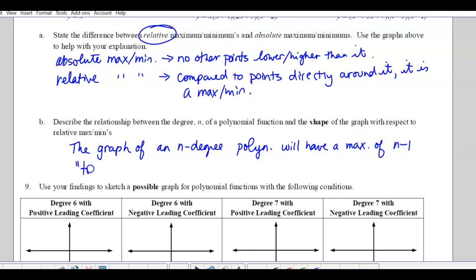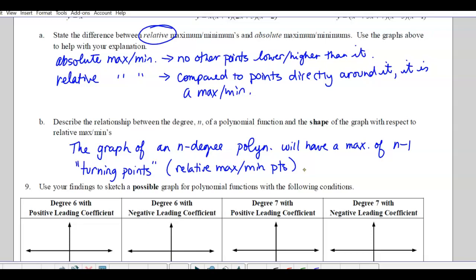And I call them turning points. So the graph of an n-degree polynomial will have a maximum of n minus 1 turning points. It can't keep zigzagging more if you're going to more than n.